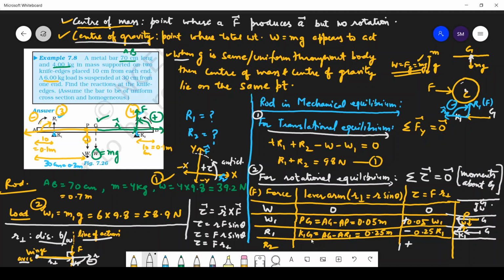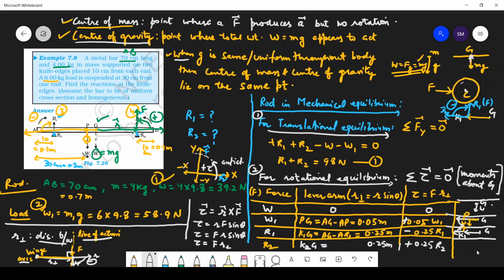Now what is the lever arm distance here? This is the lever arm distance, the distance between G and the point of application of force, that is K2G. K2G is the same as K1G, so that's also 0.25 meters. So we can write plus 0.25 R2.